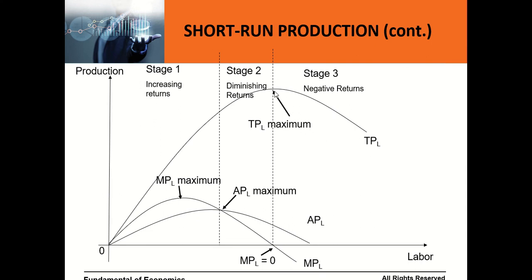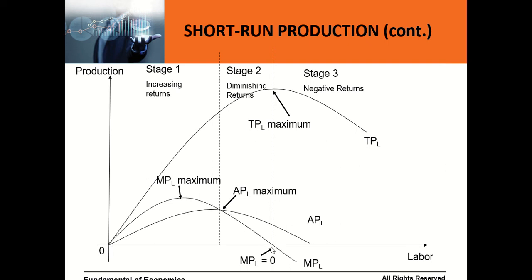Now associated with the maximum TP is here. You need to draw the MP. Do you notice that when TP is at maximum here, you draw a straight line, the MP equals 0. This can be proven in your graph. So you have to draw the MP from 0, it has a maximum, then it starts to decline.